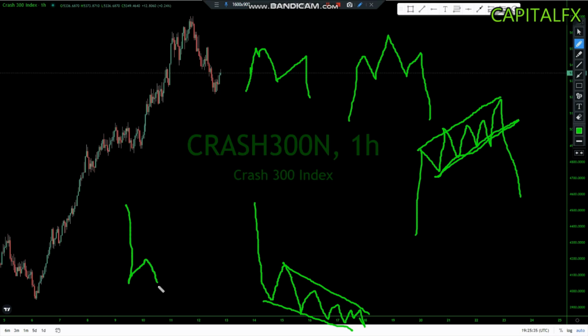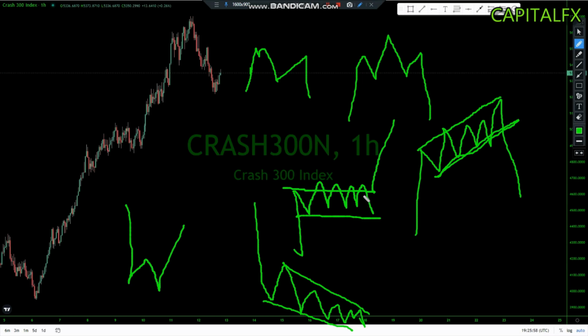We have the bell bottom, or you can call it a W formation, which is this one, and we also have our flag. We can call it a rectangle, but I used to call it a flag, like this. After you put your lines like this, be waiting for a breakout above here. This is what we call a continuation pattern.